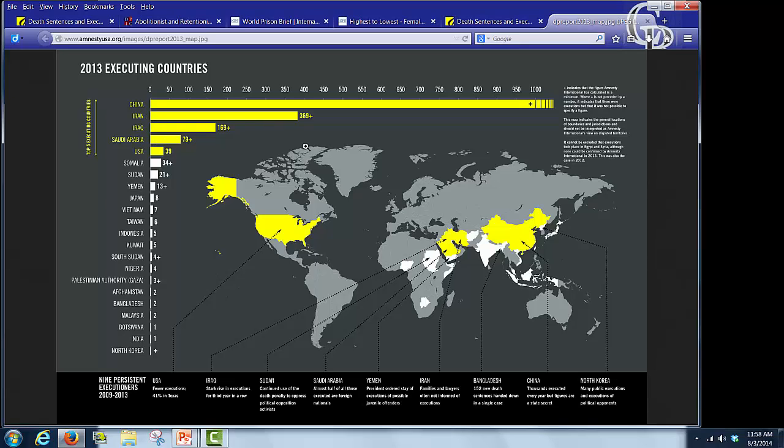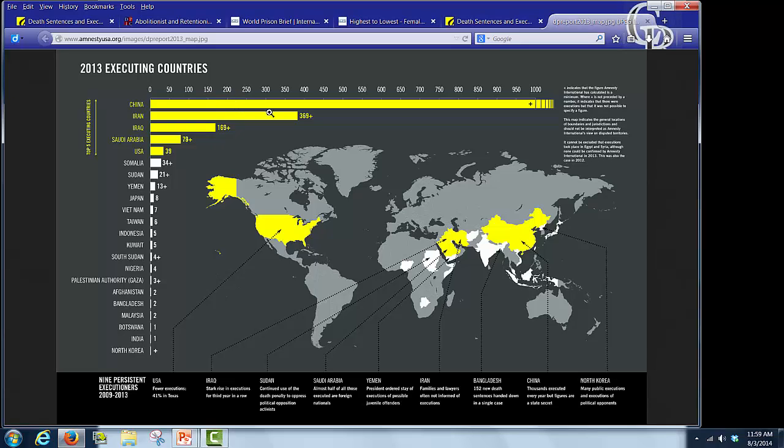They feel much better, Amnesty does, about Iran, Iraq, Saudi Arabia, and of course the United States, in terms of the number of persons executed. And as they point out, the majority of executions were in Iran, Iraq, and Saudi Arabia in 2013. The United States executed 39 individuals during that time period.